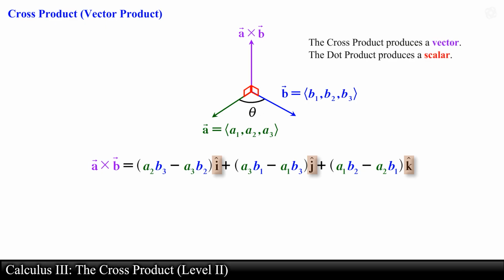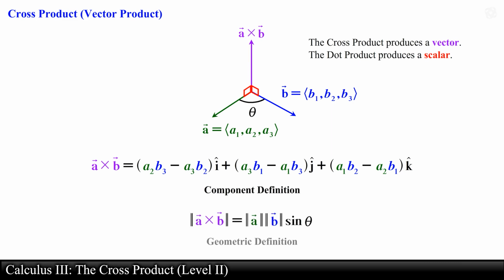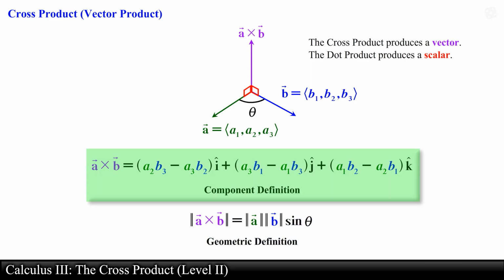Recall that the dot product produces a scalar and not a vector. This is an alternative way of computing the cross product by using the components of two vectors in space. Similar to the dot product, we now have 2 distinct ways of computing the cross product. We can use the geometric definition or the component definition.